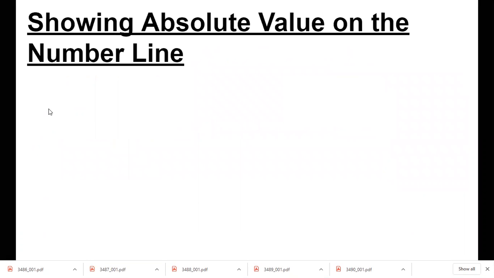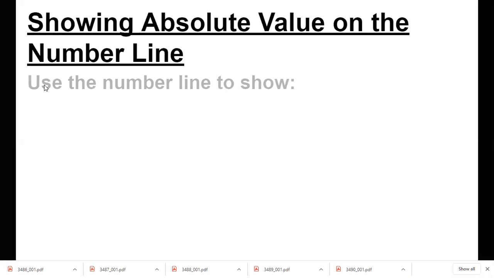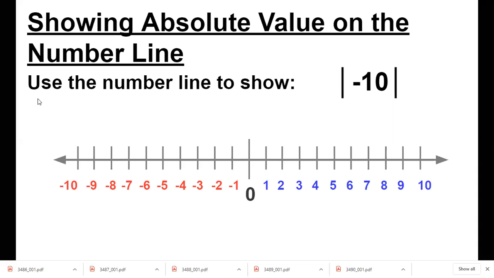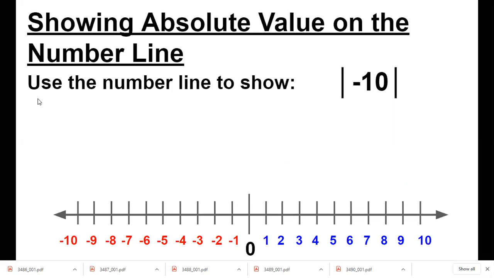Okay, showing absolute value on the number line. Use the number line to show the absolute value of negative 10. What is the absolute value of negative 10? The distance from 0, right? How far is negative 10 from 0? It's 10 units, right?